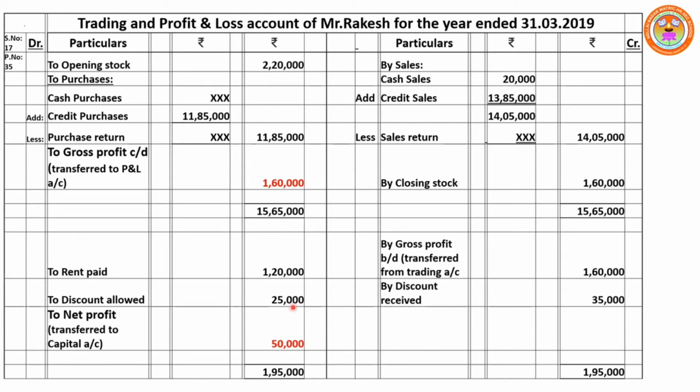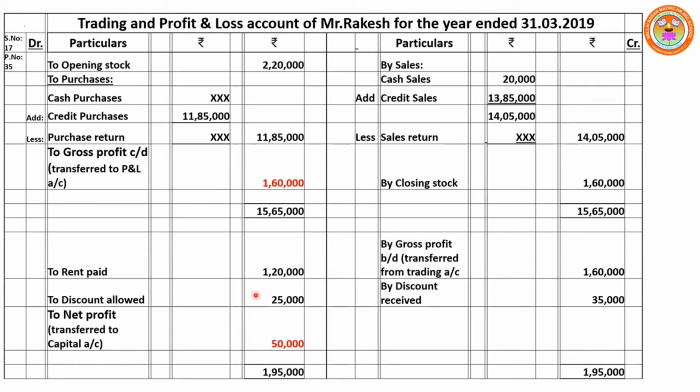Again, it appears under profit and loss account. Now, that's all. Indirect expenses and income we have entered. Look at that credit side total 1,95,000. So credit side is higher than debit side. So write the highest total on both sides, 1,95,000.